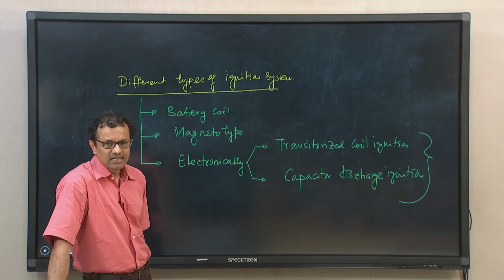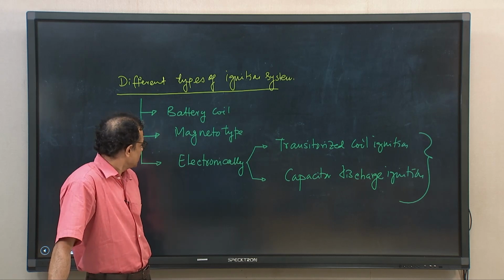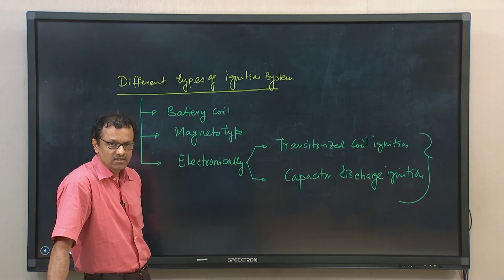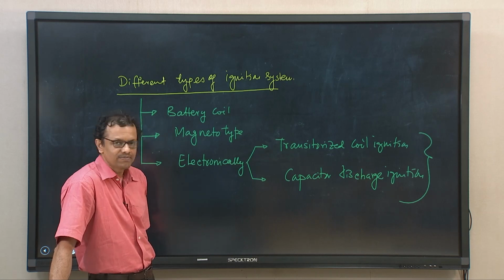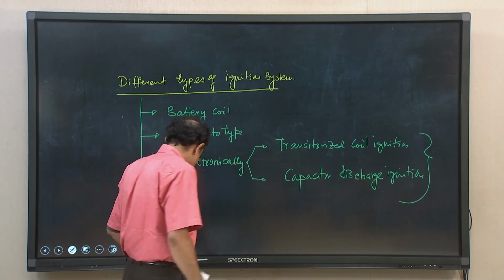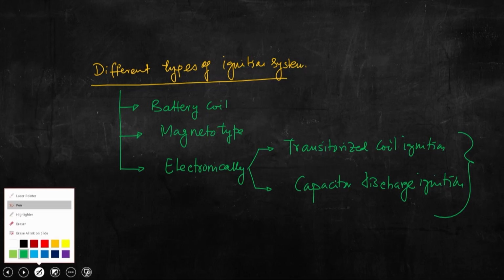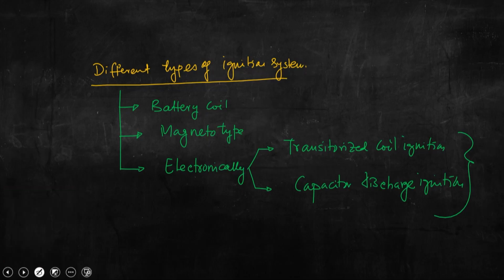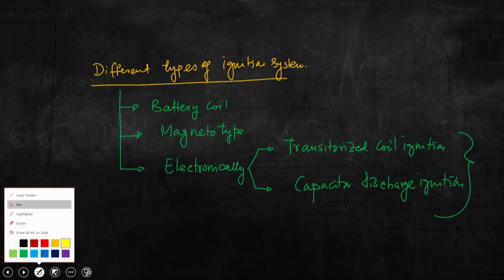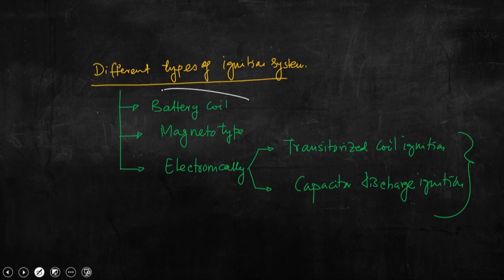We all know about the battery coil type, magneto type, and electronically controlled type, which again can be subclassified into two different categories. So, let us now briefly discuss the common types. The most common type used in internal combustion engines is the battery coil type.